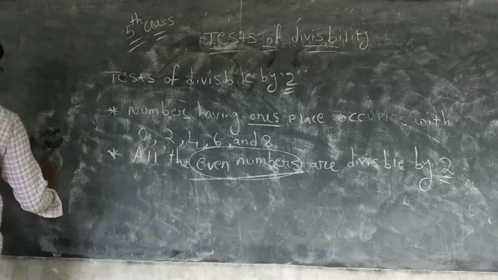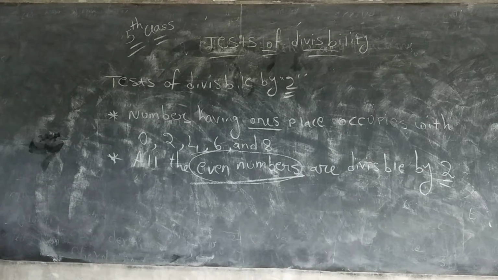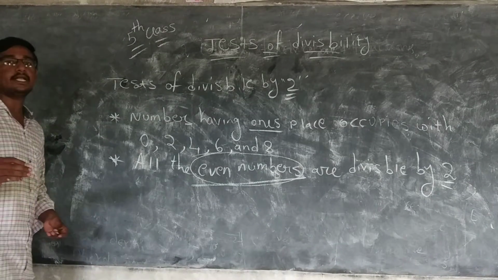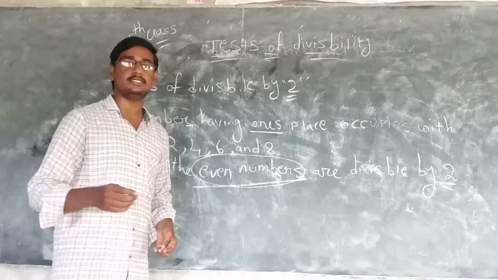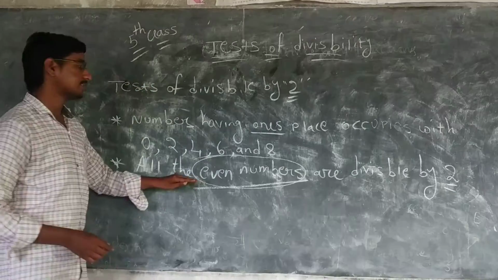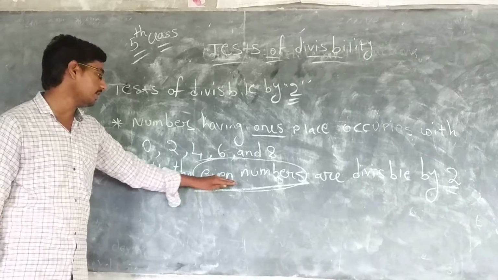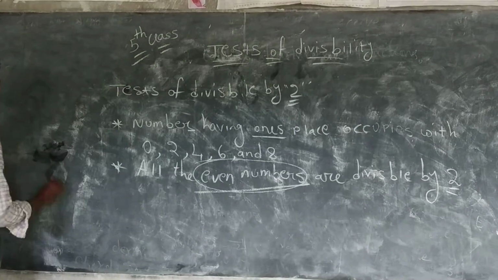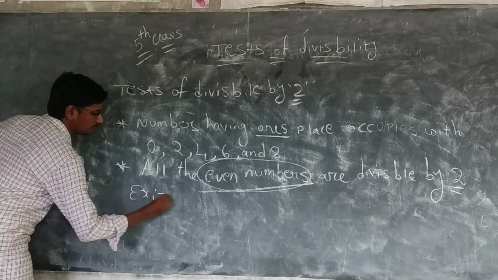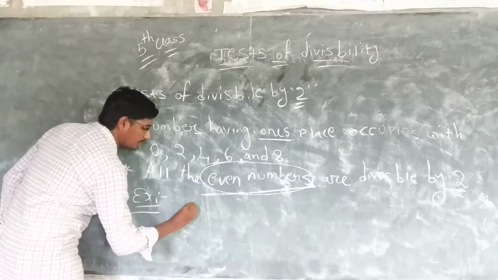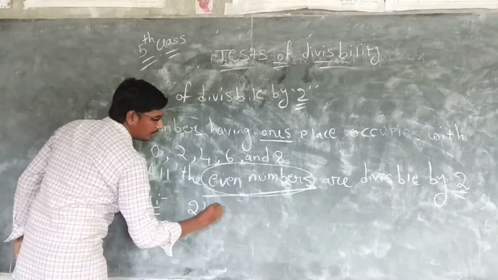For example, when a number is completely divisible by 2 and leaves remainder 0, that is the condition for an even number. Example: now I take 242.